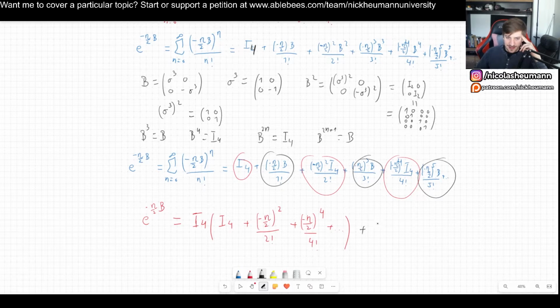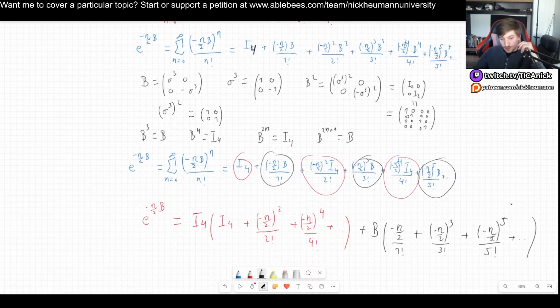So in that case, we are now factoring out b, and we have b times minus eta over 2, well, divided by 1 factorial plus minus eta over 2 cubed divided by 3 factorial plus minus eta over 2 to the 5th divided by 5 factorial, and so on and so forth.